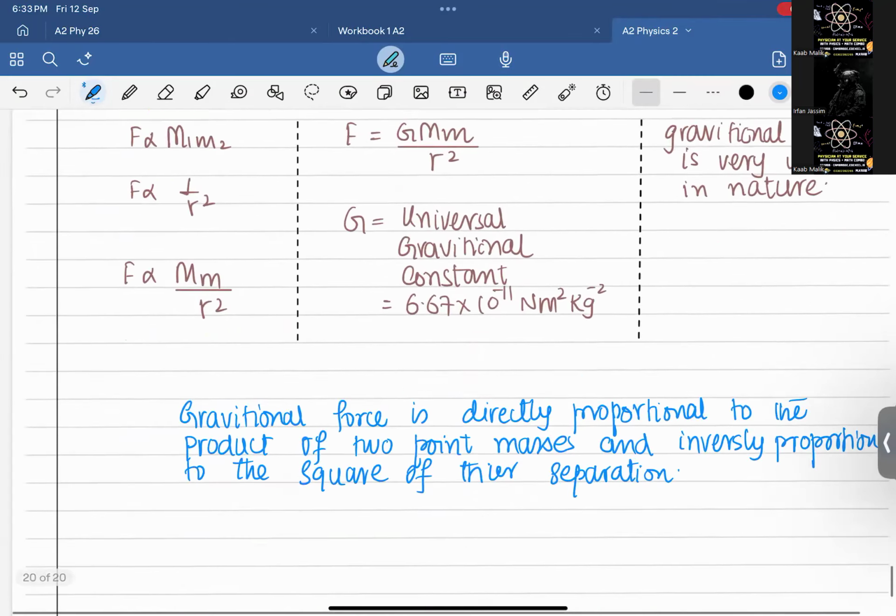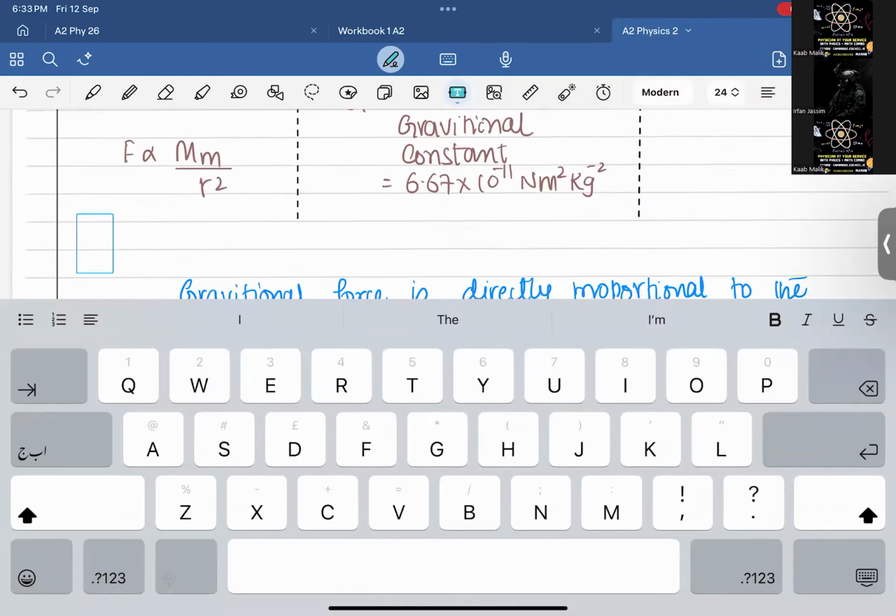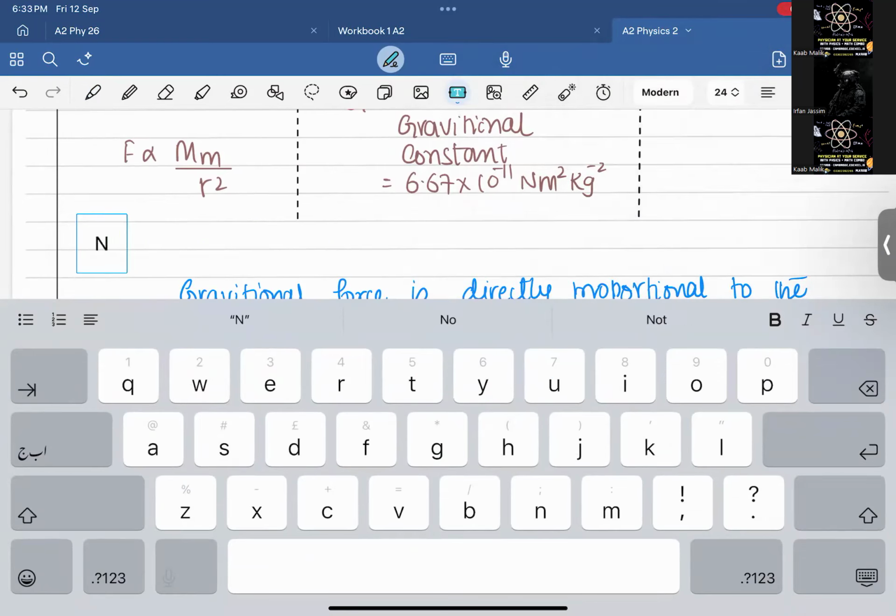And in this law, you have to mention two things that are very important.